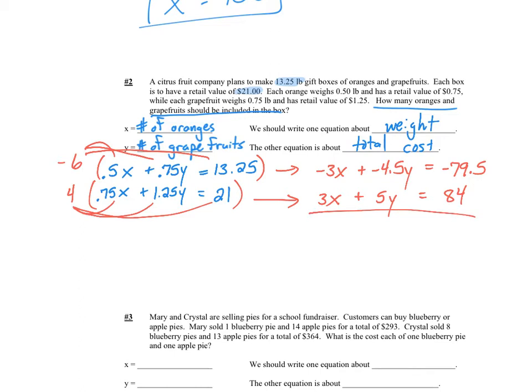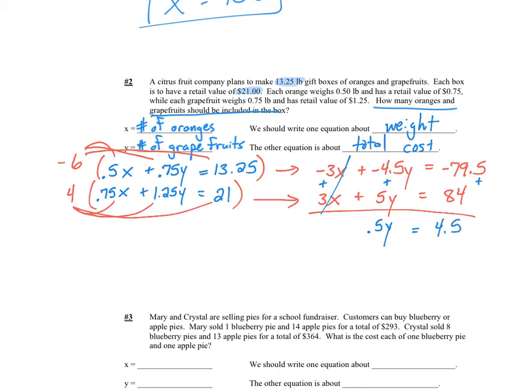3x plus 5y equals 84. The whole reason we did this is because now we can cancel the x's. So -3 plus 3 cancels out. That's 0. -4.5 plus 5 is 0.5y. And -79.5 plus 84 is 4.5.